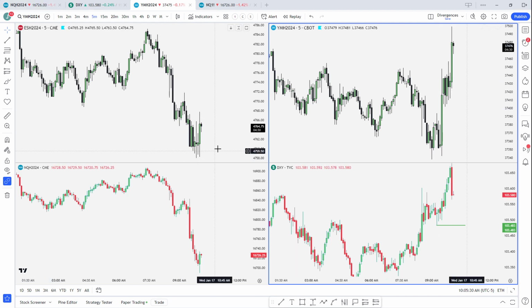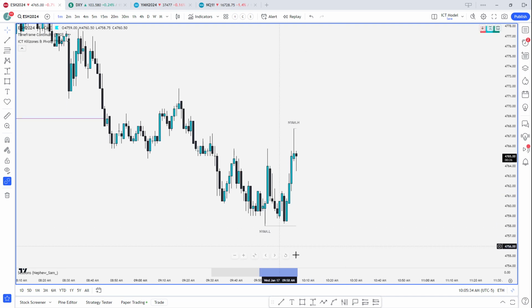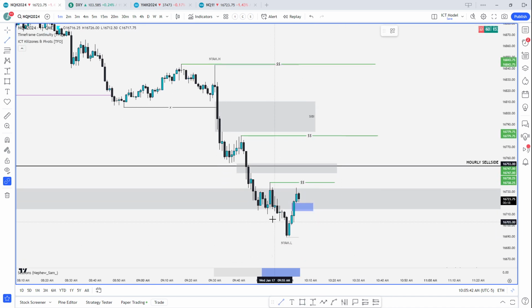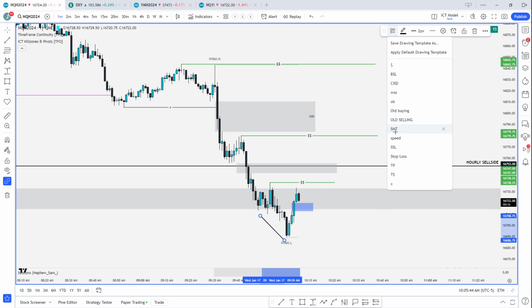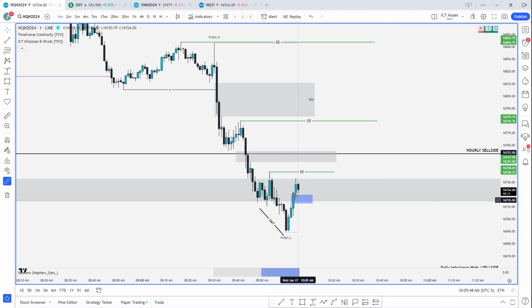YM popping up, looking good. We got SMT at the lows comparatively with ES right here. Just a tiny portion. SMT. SMT here. Watch how this order block or fair value gap is respected. Keep flipping those today.